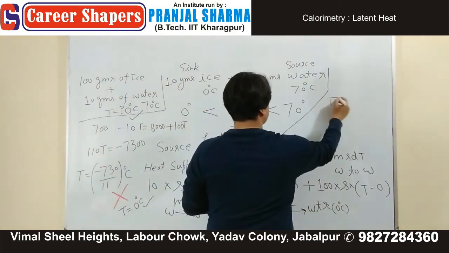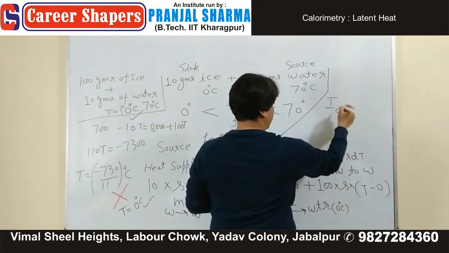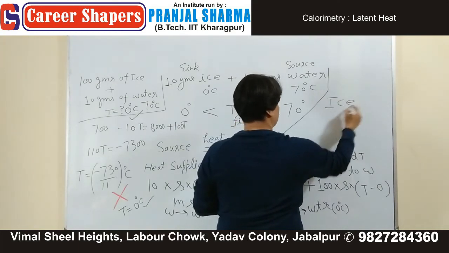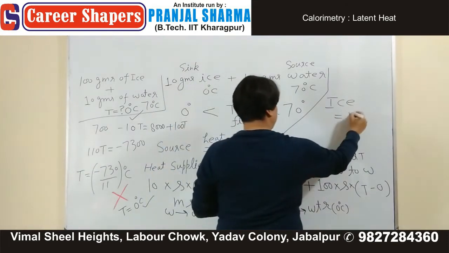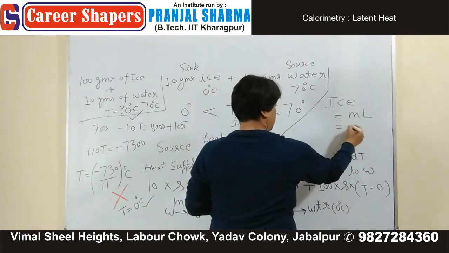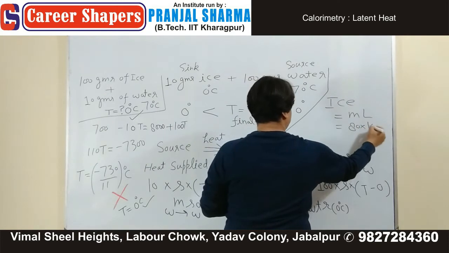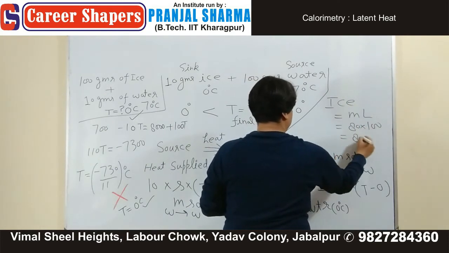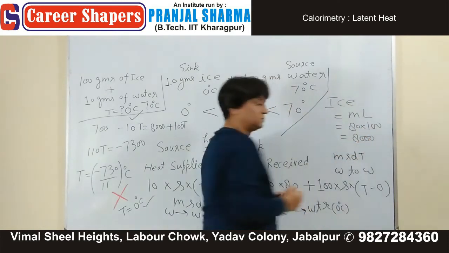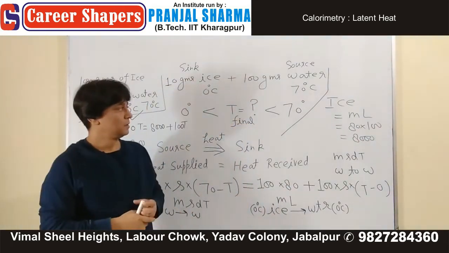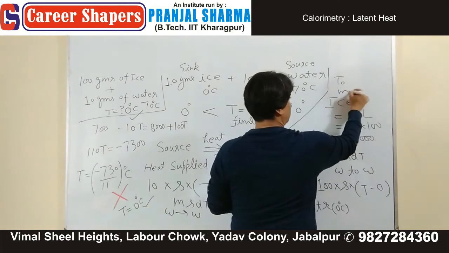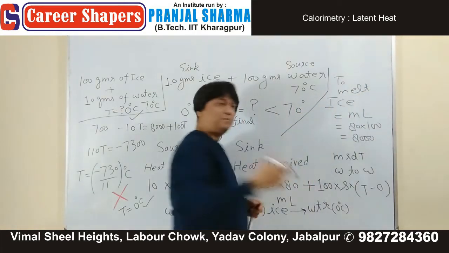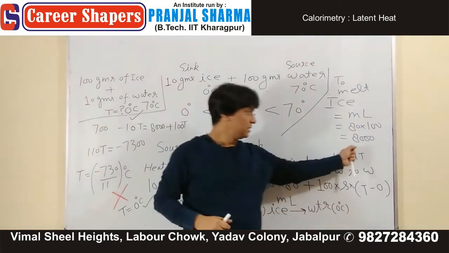If someone wants to completely melt this ice, then how much energy do you need? 80 into 100, which is 8,000 calories. To melt ice completely, how much energy do you need? 8,000.